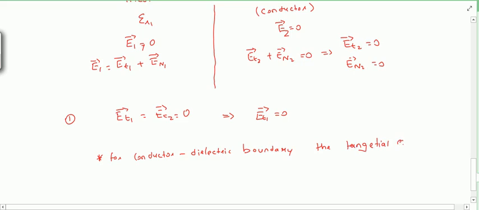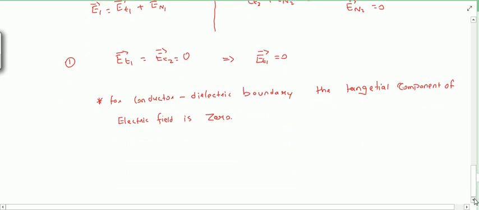Okay, so now the tangential component is 0.